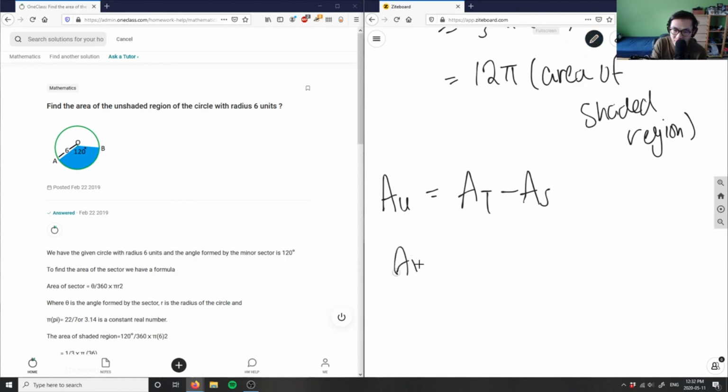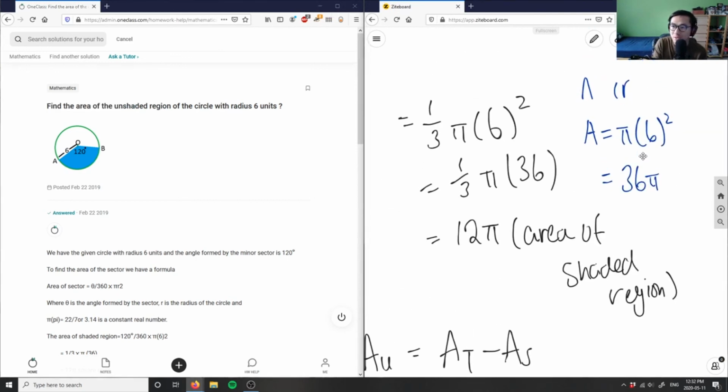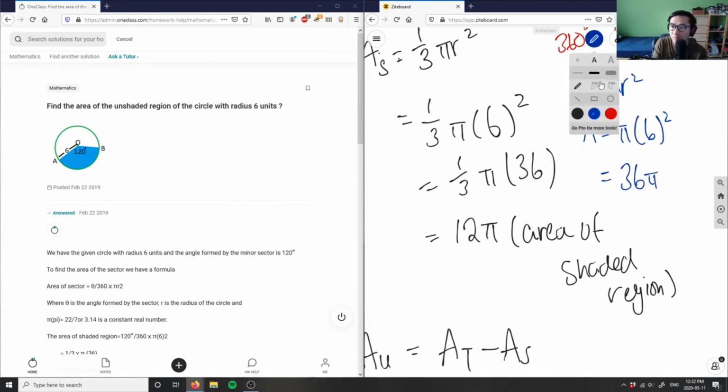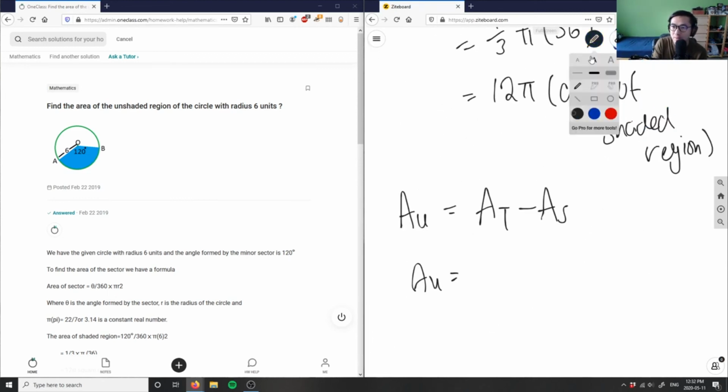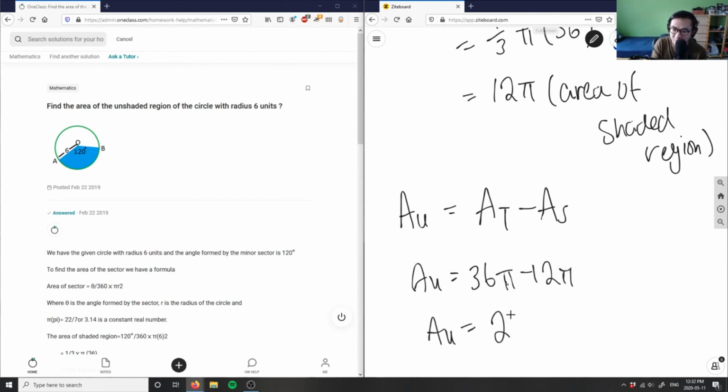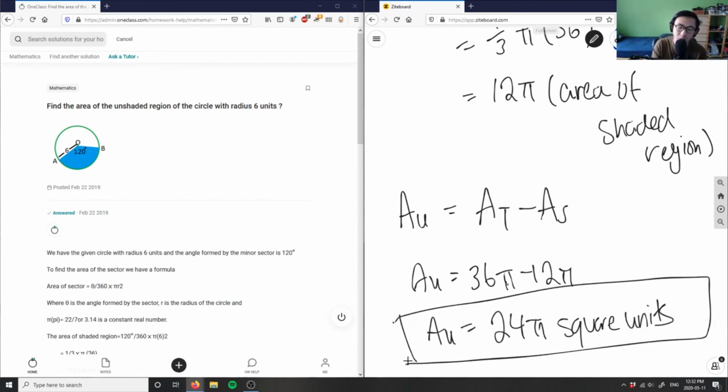So the area of the unshaded region, which is what I want, is equal to the total area, 36 pi, minus the area of the shaded region, which is simply 12 pi. So the area of the unshaded region is simply 24 pi square units. So this here is my solution for this problem, 24 pi.